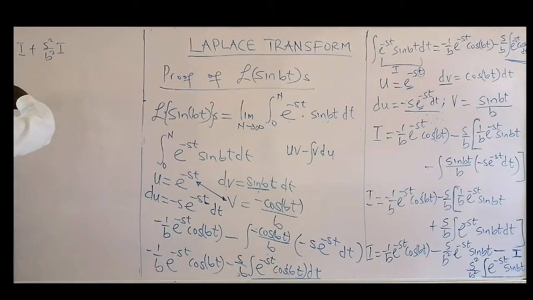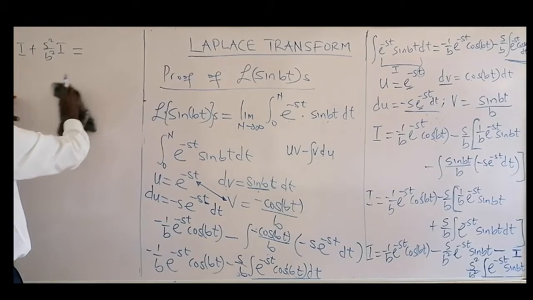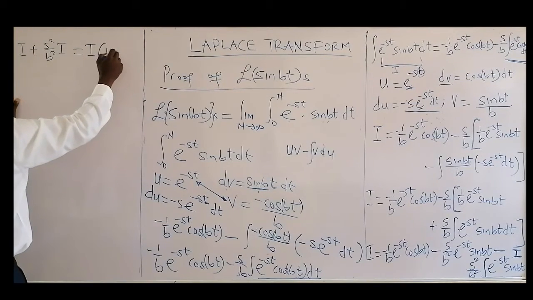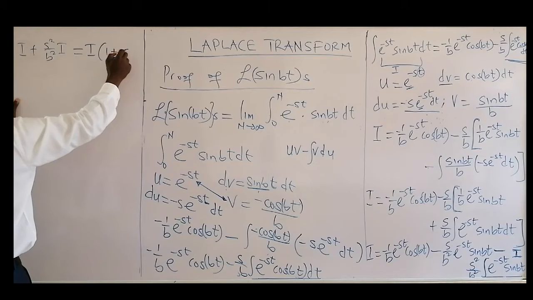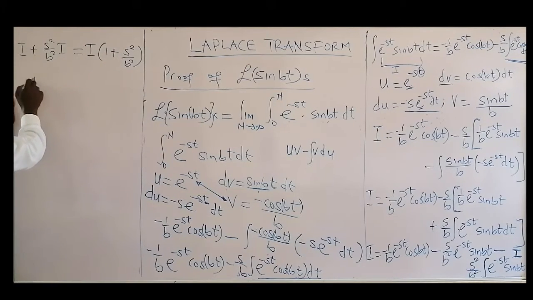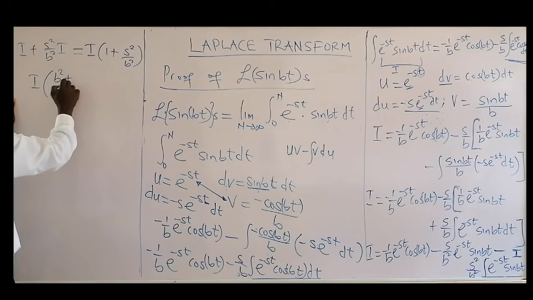Okay, and we can solve this. You can take the I out. If you take it out, you have 1 plus s squared over b squared times I. That will be equal to I times b squared plus s squared over b squared.